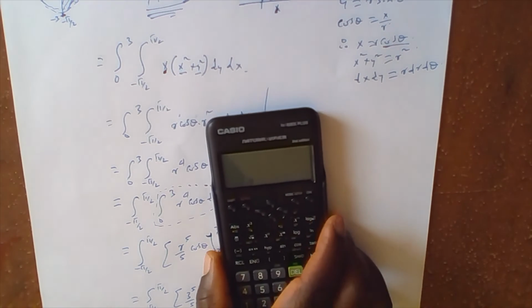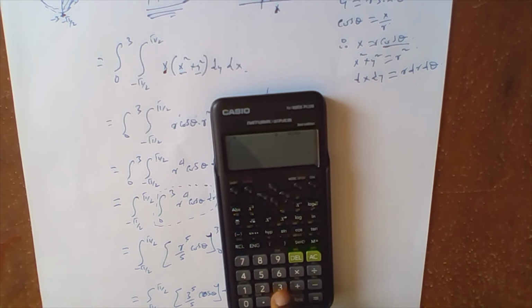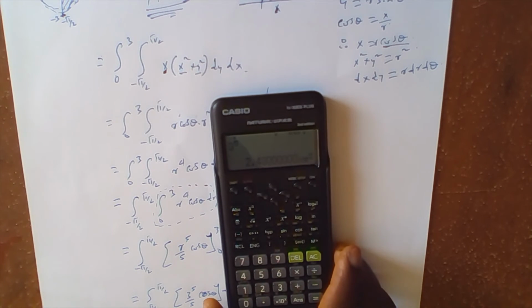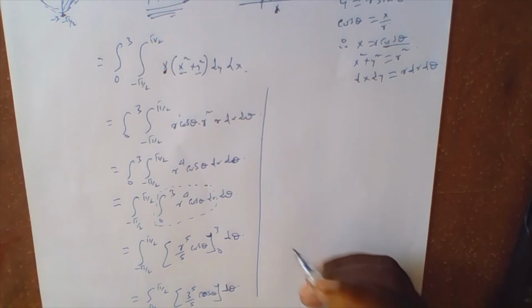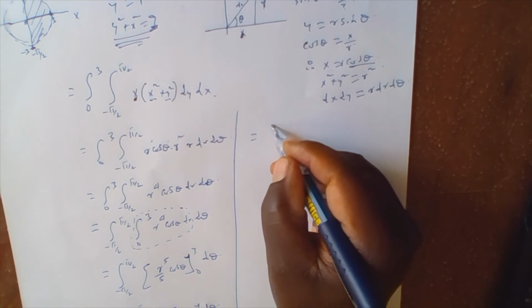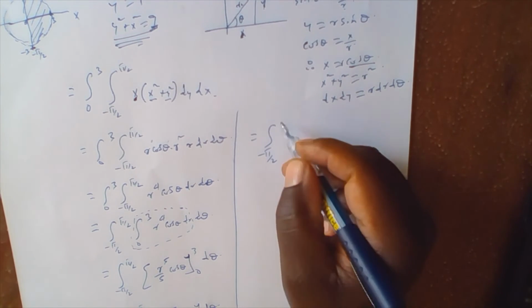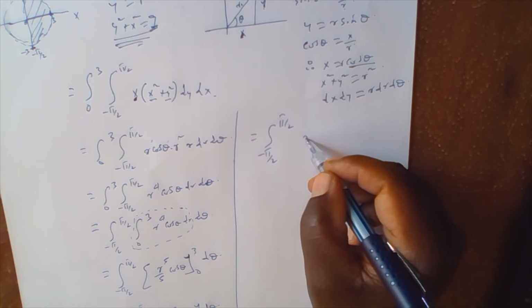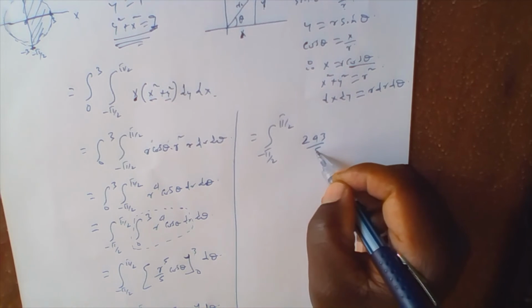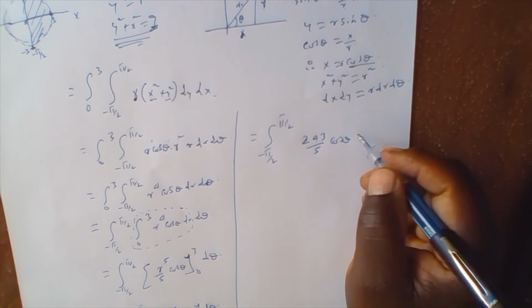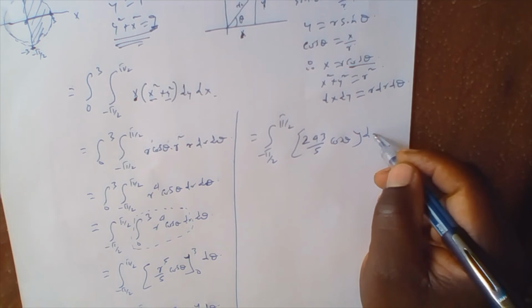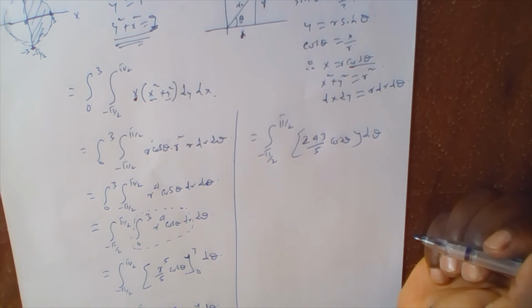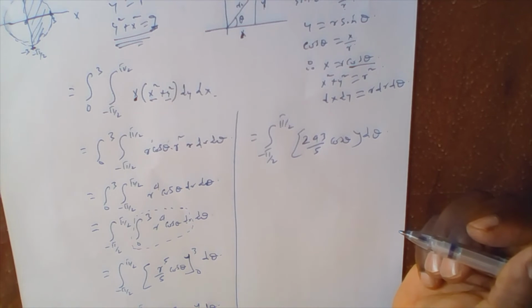So 3 raised to 5 is 243. So here we have the integral from negative pi over 2 to positive pi over 2 of 243 over 5 cos theta d theta.